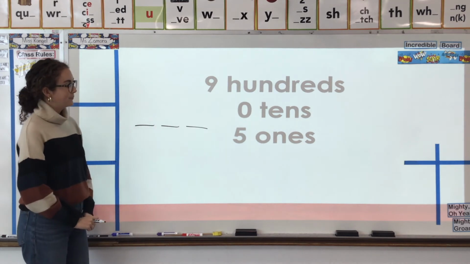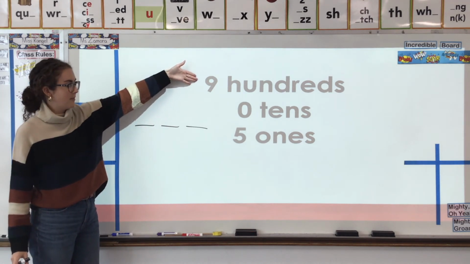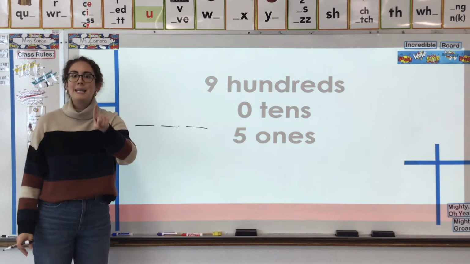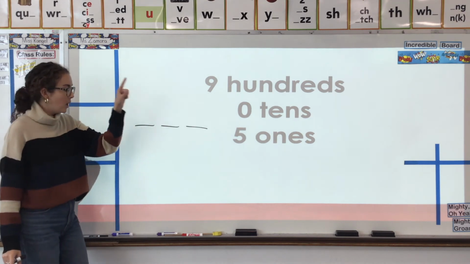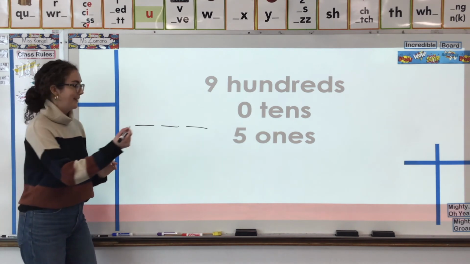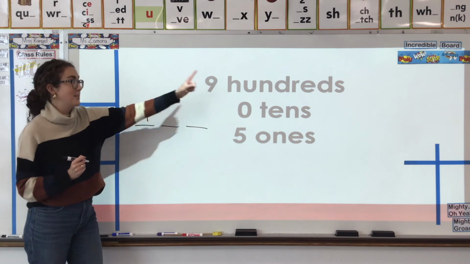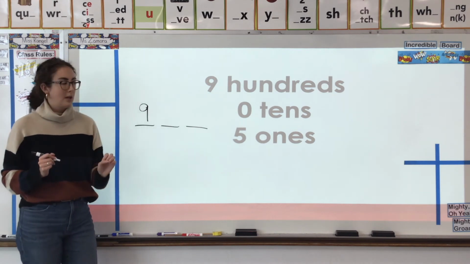So let's see. How many hundreds do we have? How many hundreds are in this number? 9, exactly. And where is the hundreds place? Where are we going to write this 9? Right in front, exactly, in the hundreds place, because there's 9 hundreds. Good job.